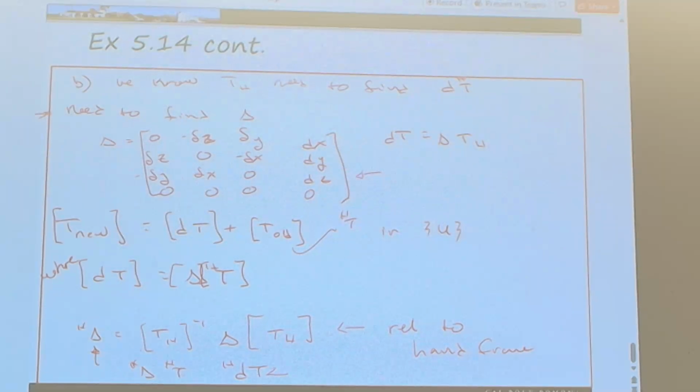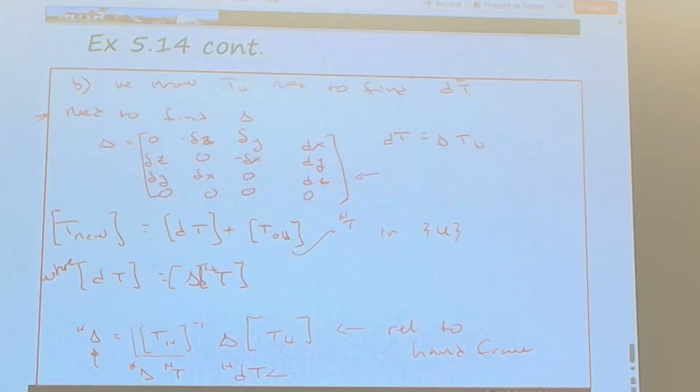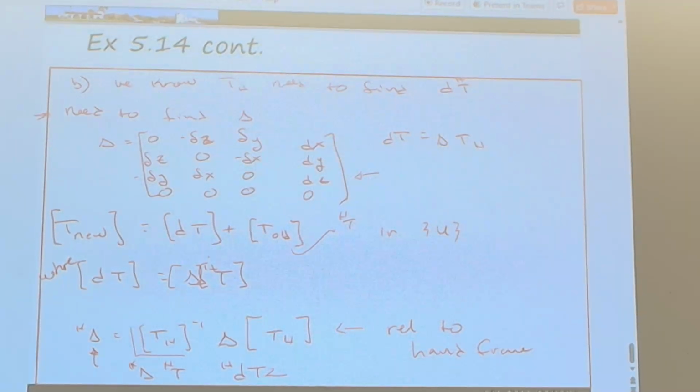We could just perform this computation if we wanted to. Where do we get the values? Technically, we have them because we computed it. We have this one already. Then we have TH inverse times delta times TH. That'll give us our delta H.